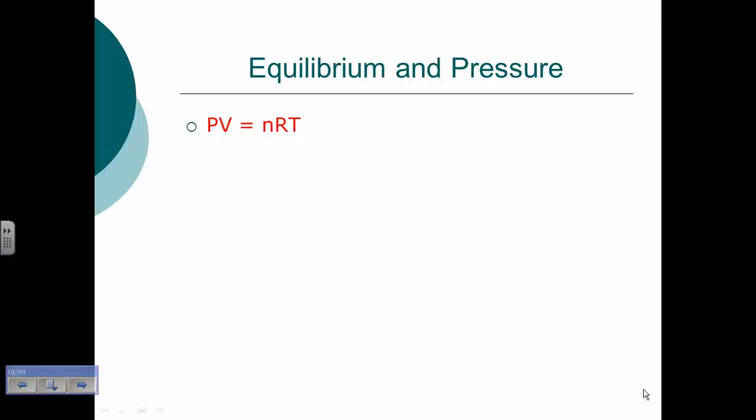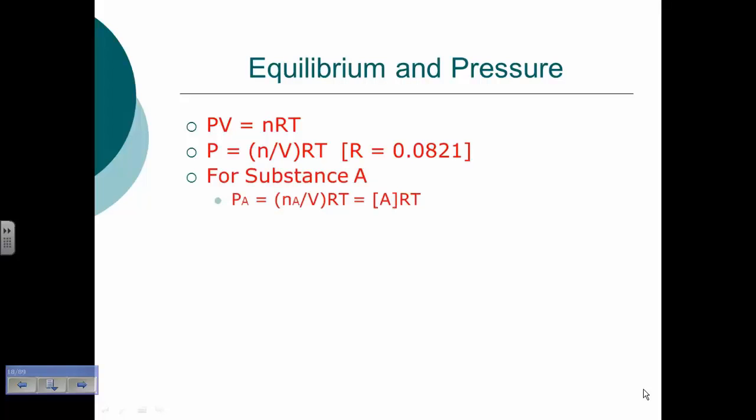Knowing that moles per liter is the very definition of molarity, I'm just going to rewrite PV equals nRT, showing in this parenthesis n over V. Moles over volume, moles over liter. Really, that's just saying P equals MRT. That sounds familiar from our colligative properties, doesn't it?